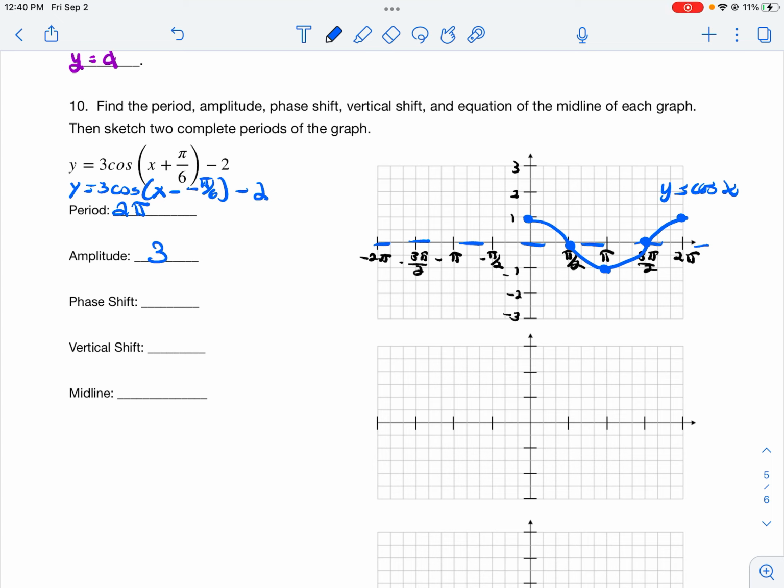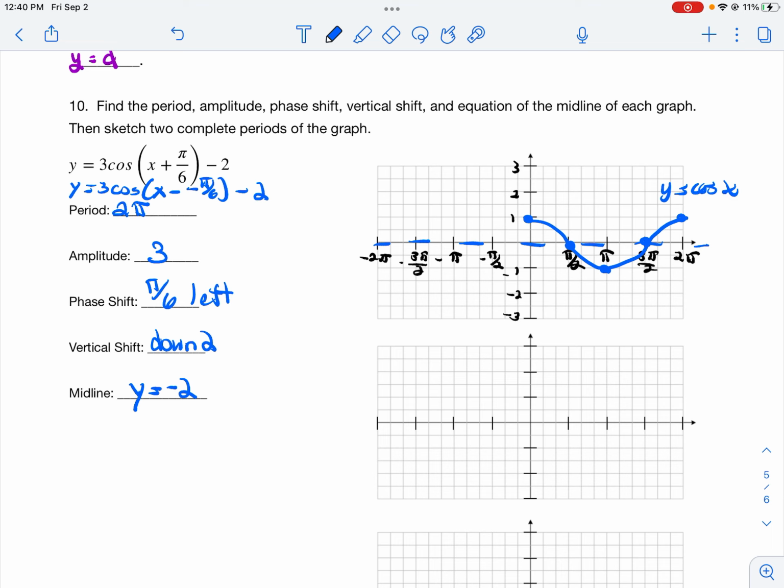My phase shift is negative pi over 6, but we don't write negative pi over 6. The negative tells us the direction, so it's pi over 6 to the left. And then vertical shift is the d, which is negative 2, so we are going down 2 units. And the equation of the midline is y equals d, so y equals negative 2.